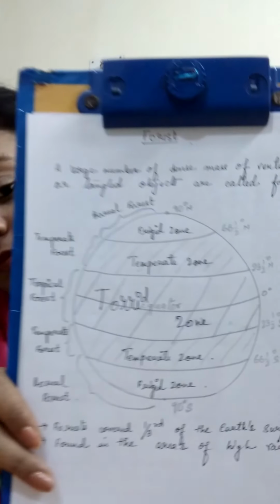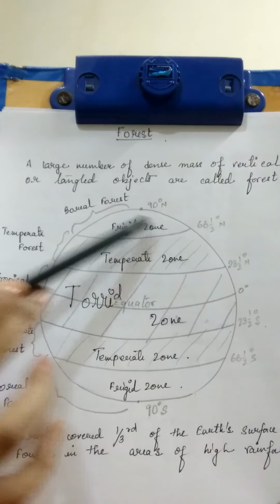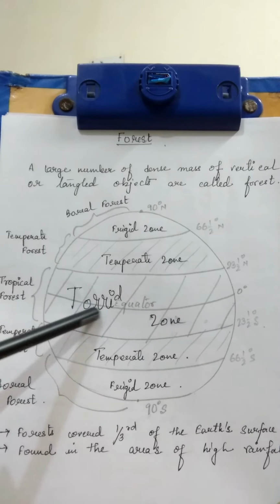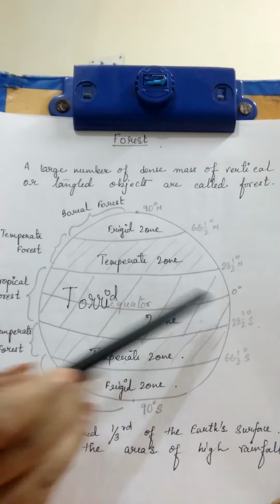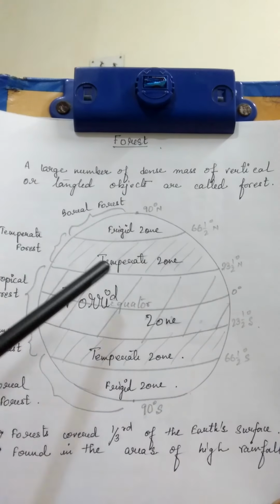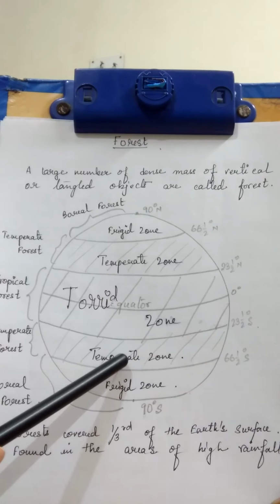Now in the first term we have done 3 heat zones. I hope you remember what the 3 heat zones are. Now suppose this is the earth and this is the equator at 0 degree. The equator divides the earth into 2 halves, northern hemisphere and southern hemisphere.